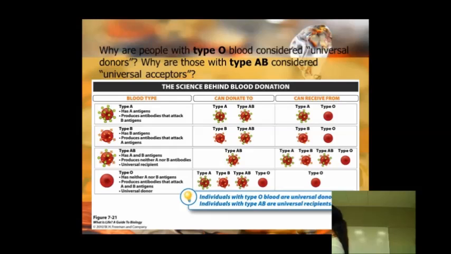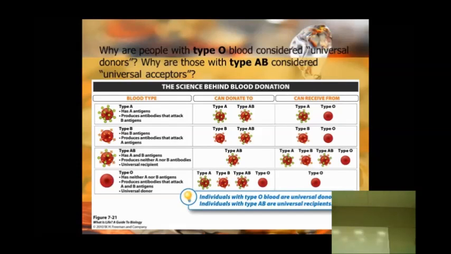And the reason that this looks the way that it does is because of these antigens, those knobby little proteins that are around the outside of the blood cells. Type A has A antigens all around the outside of the blood cell.